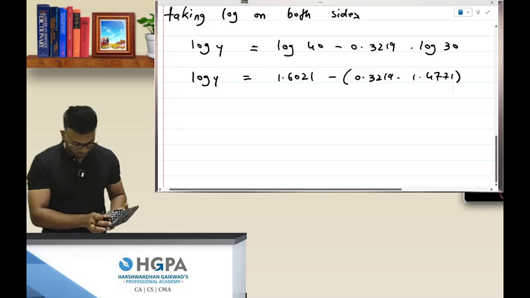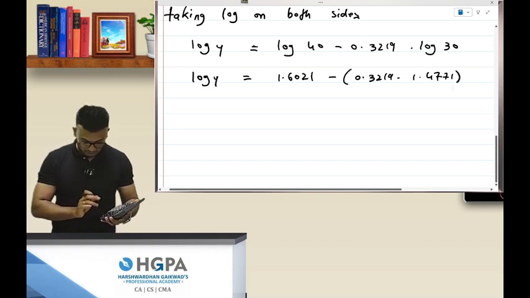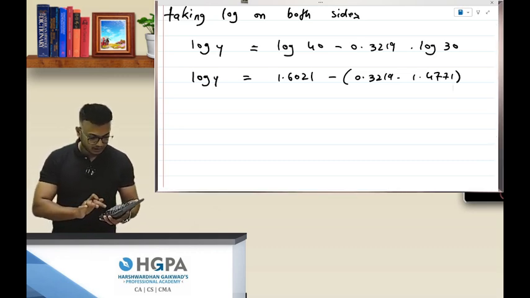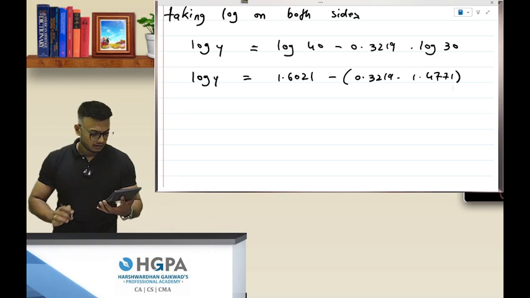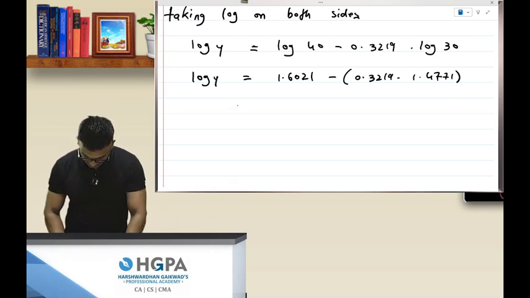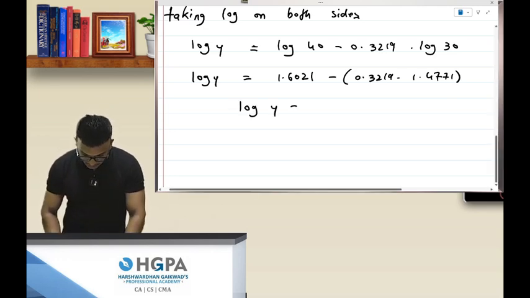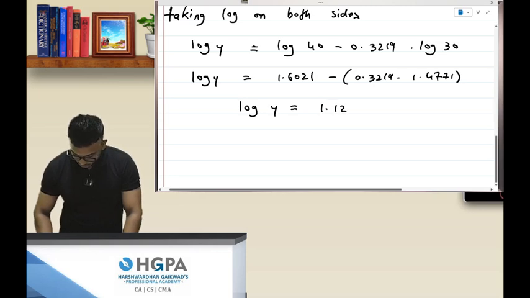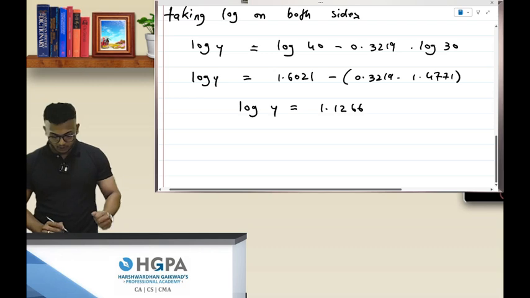So 0.3219 into 1.4771, and that is subtracted from 1.6021. Log y is equal to 1.1266. Now what you will do?